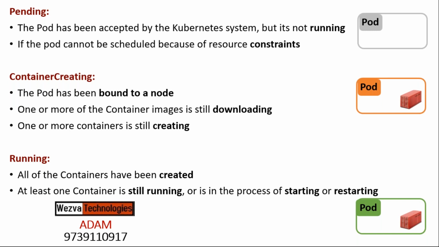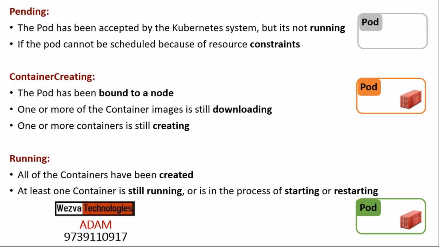Now, Kubernetes will look at the spec you have given, and based on the spec, it will find out whether any machine available in the Kubernetes cluster matches the requirement, and then it will assign the pod to that machine.